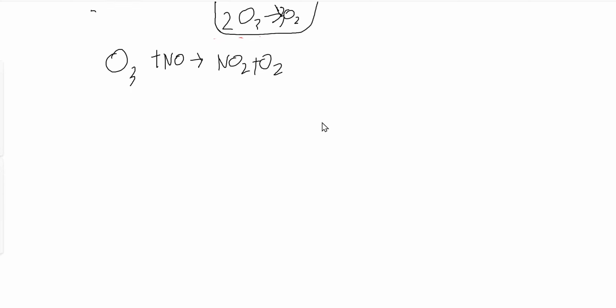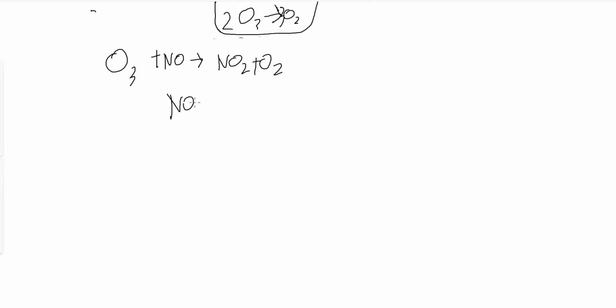This is an elementary reaction. It is a reaction that has to take place in one step. You can't break this up into multiple different reactions.